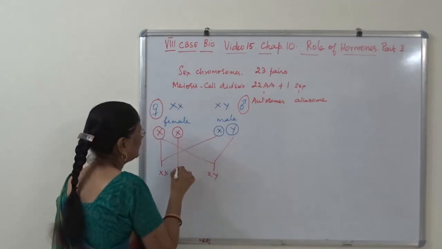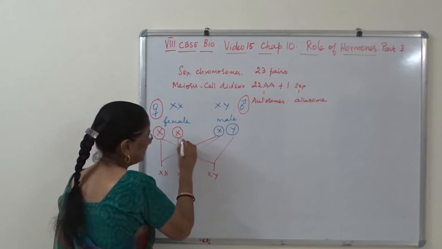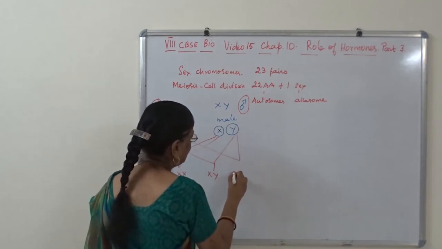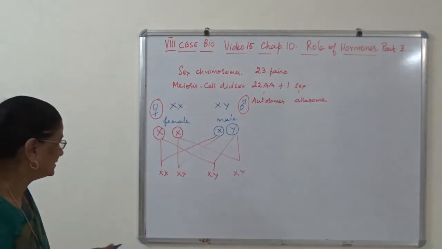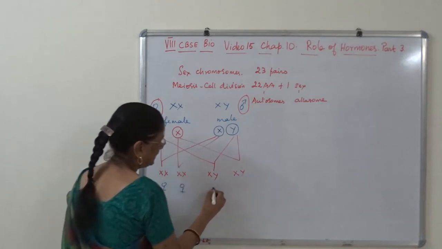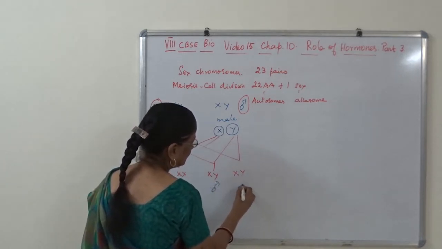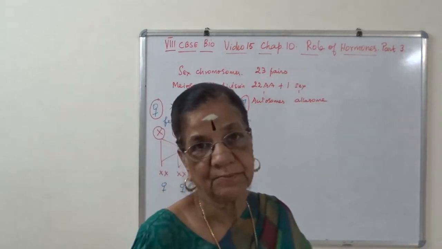Same way, the other X with X gives XX, and with Y gives XY. Now these are female, female, male, male. That is how sex is determined.